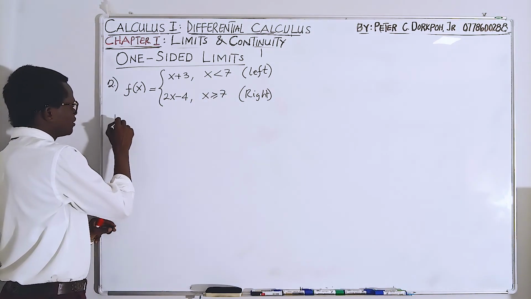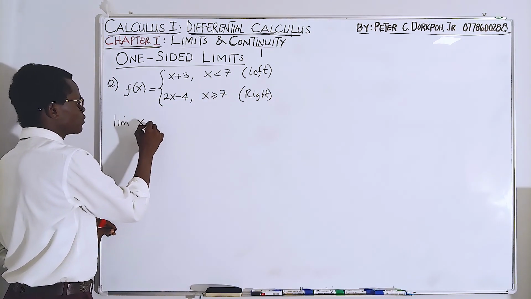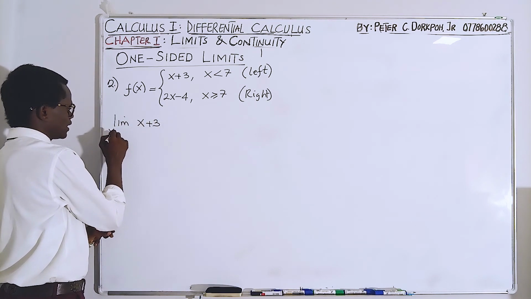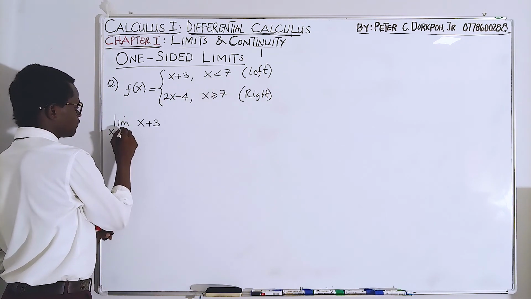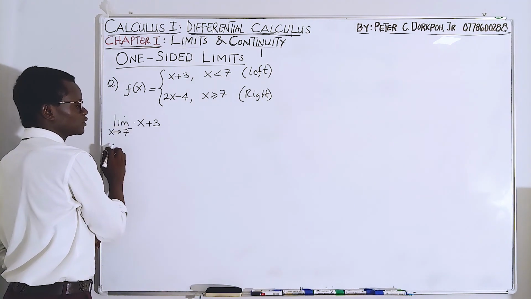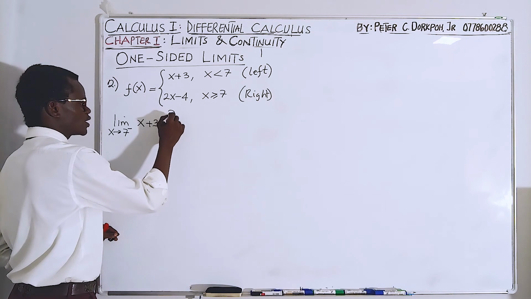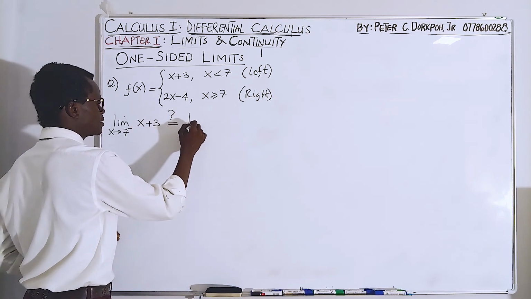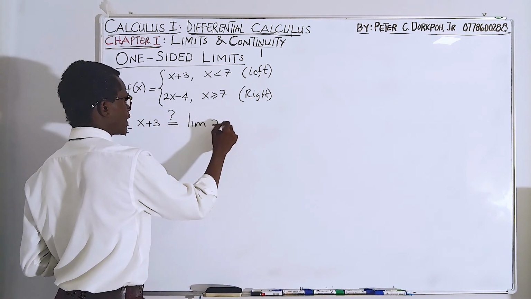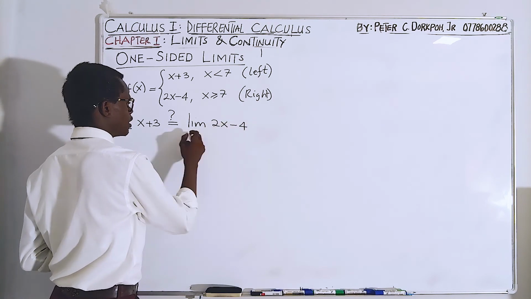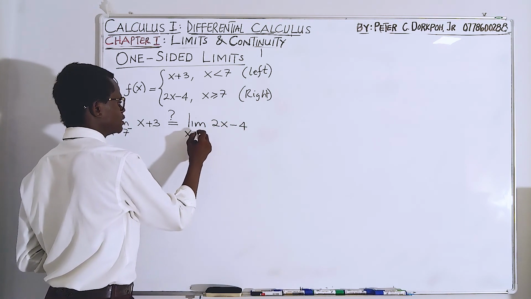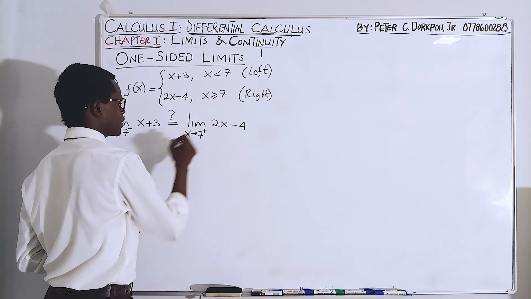So we take the limit of each of those functions: x plus 3, as x approaches the number 7 from the left, must be equal to, so put a question mark, the limit of 2x minus 4 as x approaches again 7 from the right.